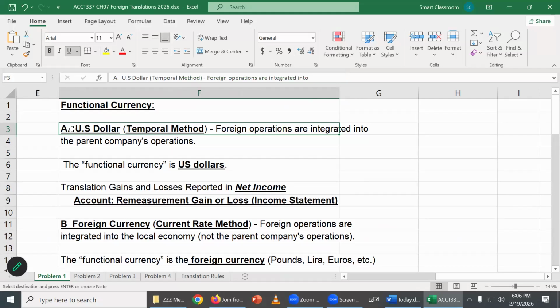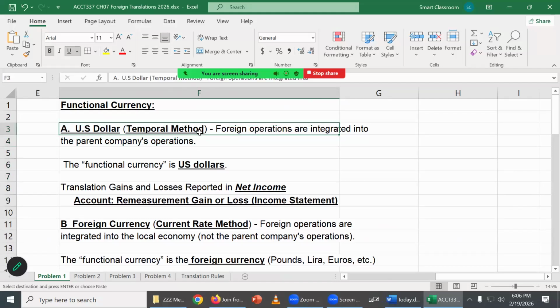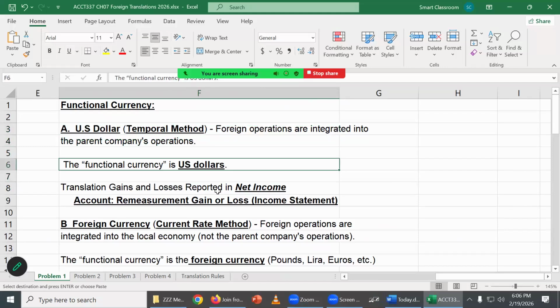Translating. Chapters 4 and 5 were all about getting the international standards converted over to US standards. This one is converting those financial statements into US dollars. Usually there's a third step, which is to consolidate them.